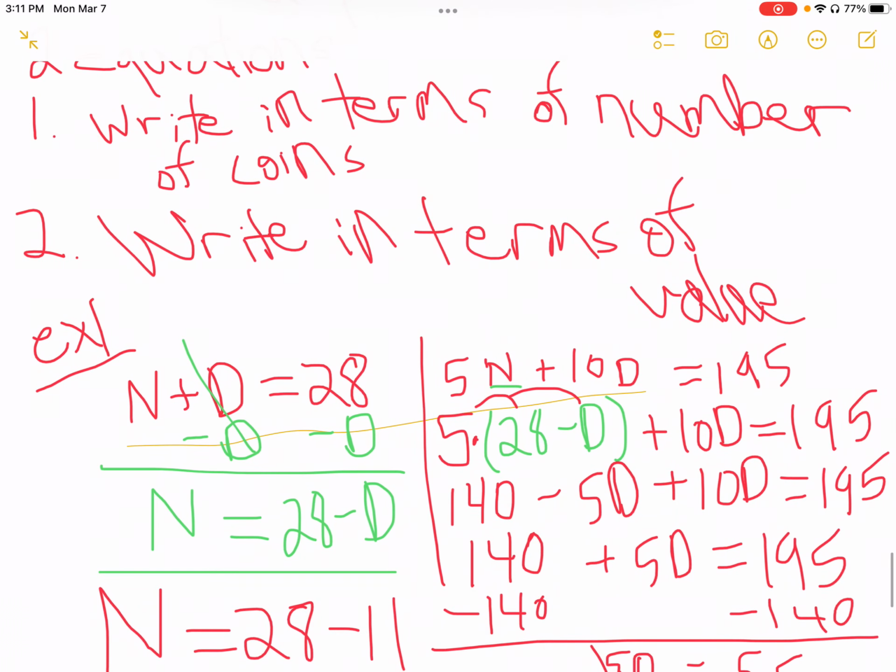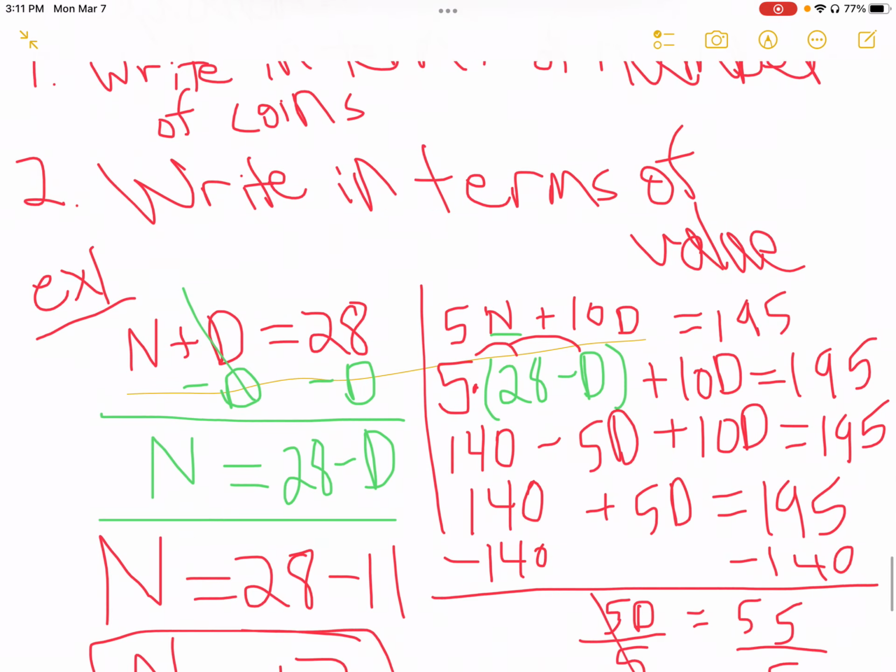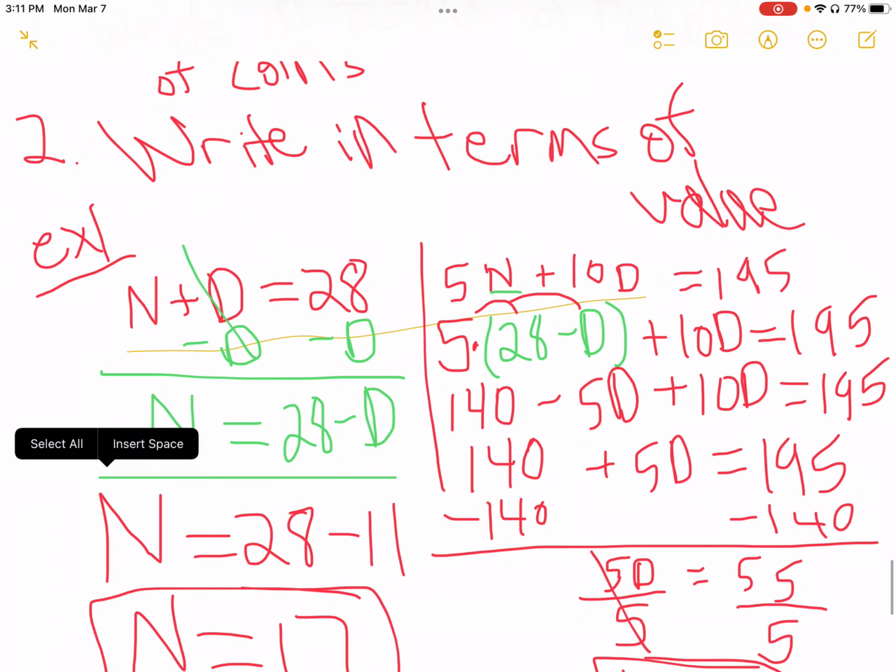So n plus d is 28, because they said they had 28 coins that were just nickels and dimes. And the last part, we have 5n plus 10d, because 5 times the number of nickels will have some value, and 10 times the number of dimes will have a value as well. And then we substituted, so we solved right here for n, right here on the left side.